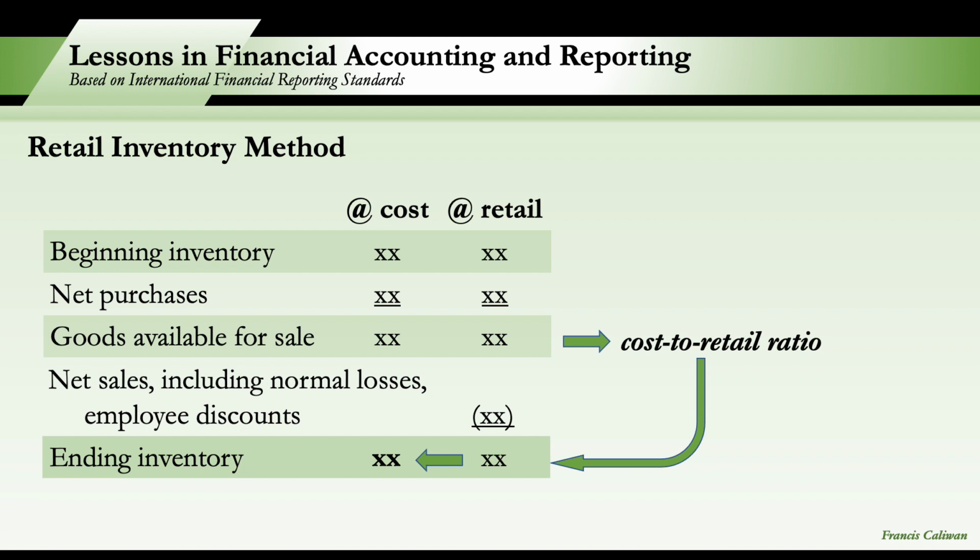So once we are able to apply the cost to retail ratio to our ending inventory at retail, we already have our ending inventory at cost, or simply the cost of ending inventory. And then once we have our ending inventory at cost, we can already compute our cost of sales. We just deduct the cost of our ending inventory from our goods available for sale. So we can get our cost of sales.